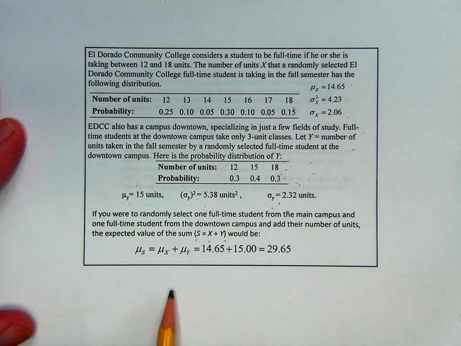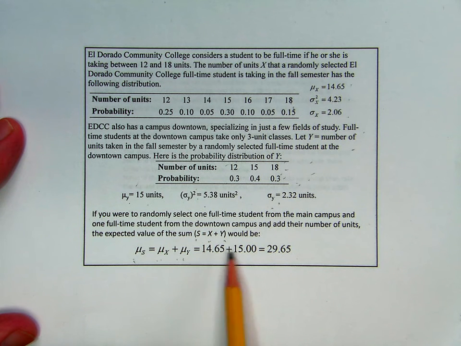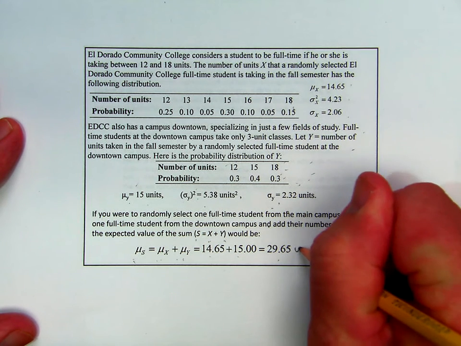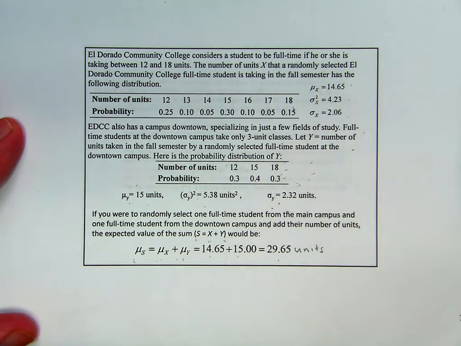From the last slide, we know that the mean of the sum is just going to be the sum of the means. In terms of getting full credit by AP rubrics: write the formula, plug in the numbers, give the final answer, and this really should have a unit, in this case units or credits.